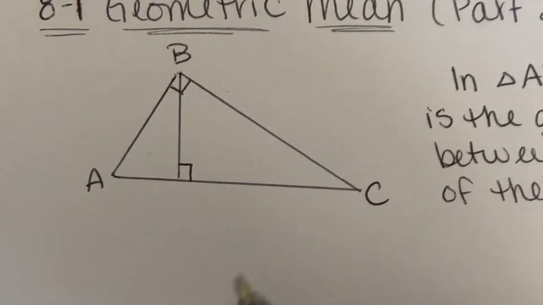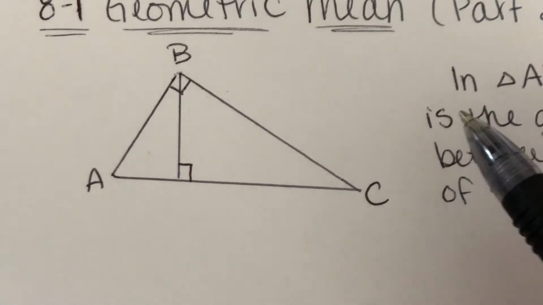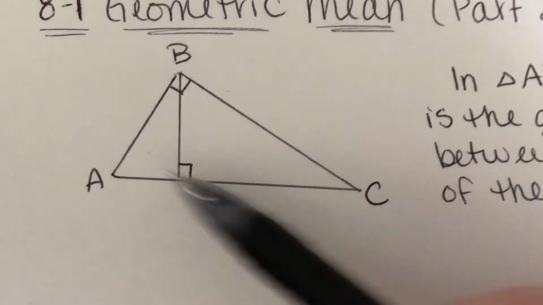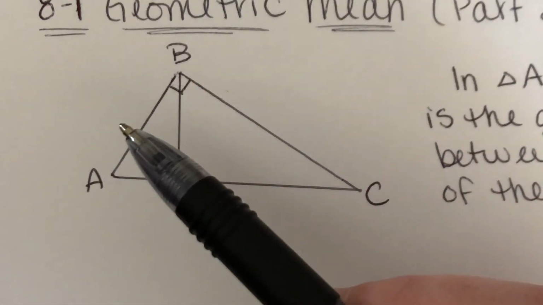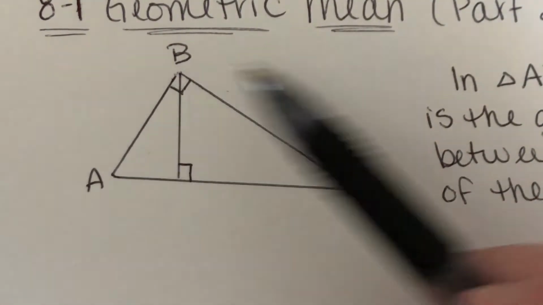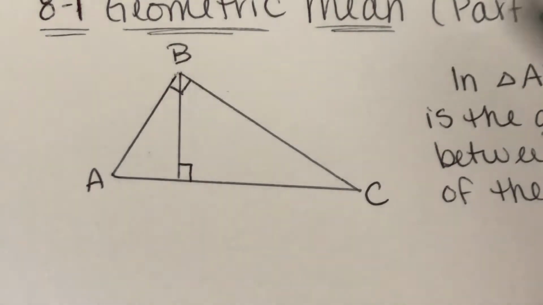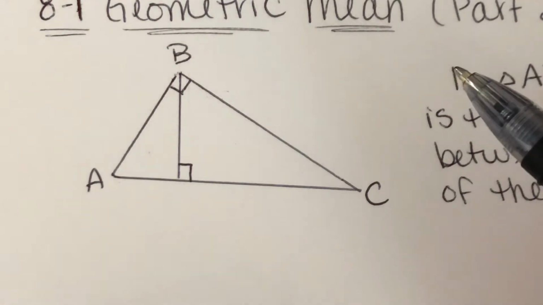So I've got three right triangles that are all similar, and similar means proportional, right? We took a triangle, we shrunk it down proportionally, and we got this triangle, and we got this triangle, shrinking at a different proportion, right? We just went over proportional triangles and dilations, so you should be familiar.